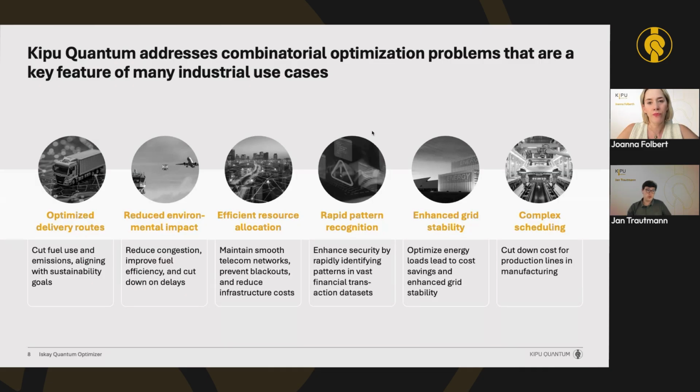You can also use this for more efficient resource allocation or complex scheduling, or to analyze grid stability and optimize your grids, which is very interesting for communication networks and also for your energy grids.